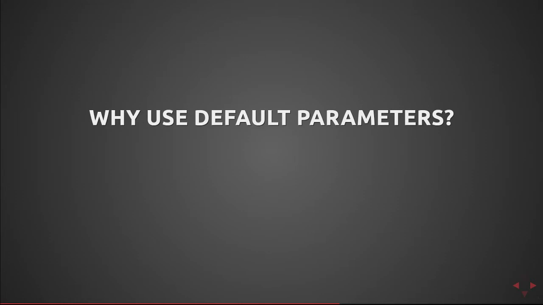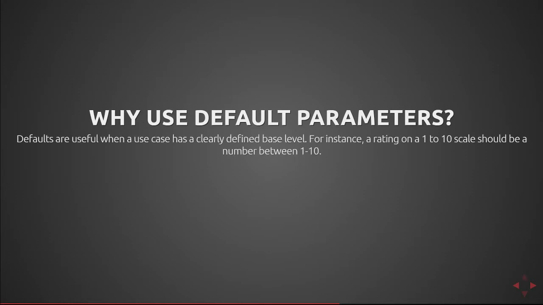So why do we use default parameters? Defaults are useful when a use case has clearly been defined, and for instance, if you know a rating is on a scale of 1 to 10, the default parameter should be a number between 1 and 10. It shouldn't be a string, or any sort of other input. So in this case, we're going to have a function called setRating. We're going to set rating equal to 1 if it comes in undefined.